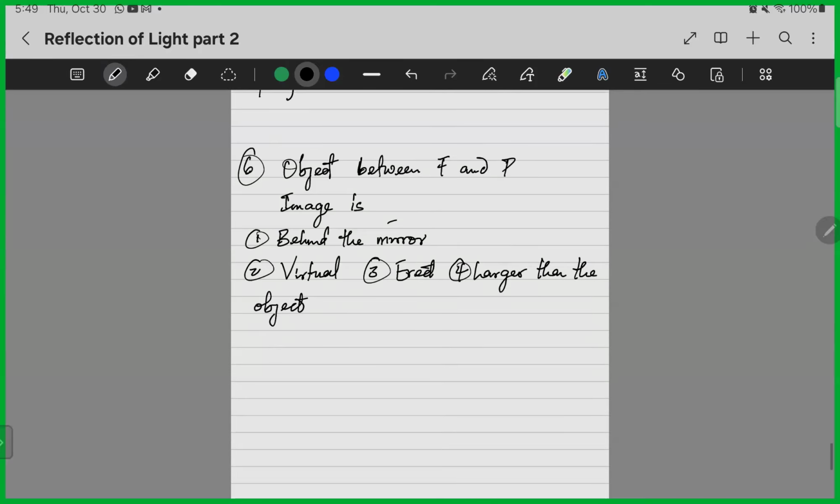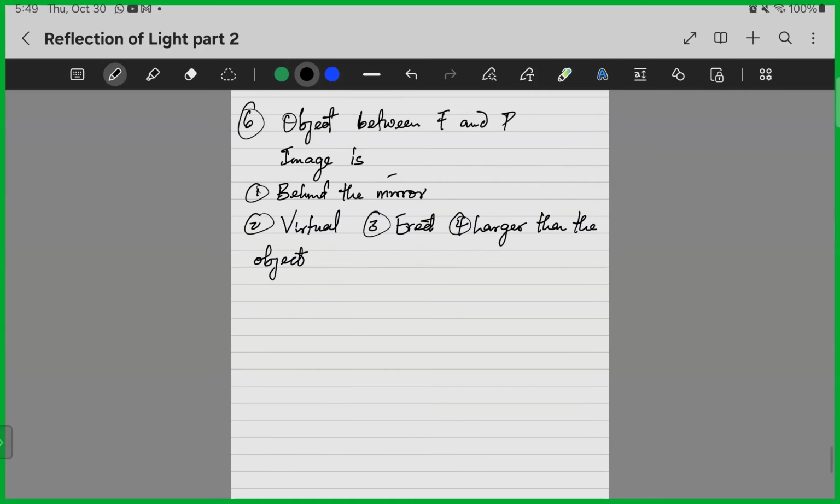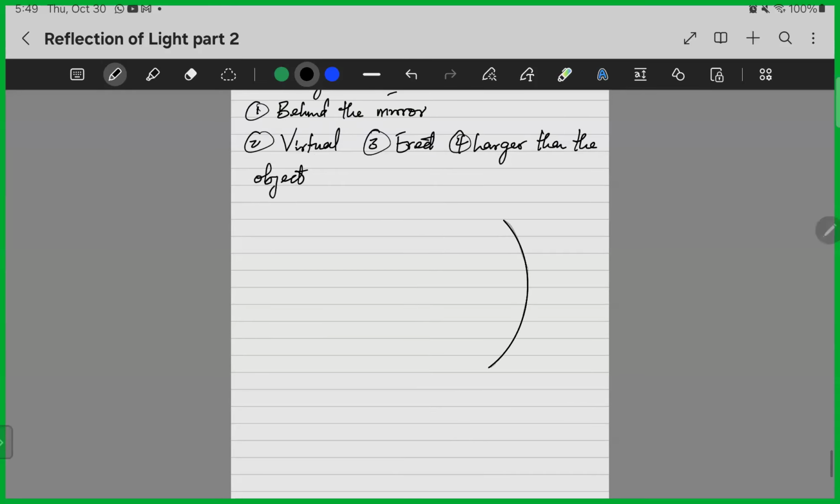We have our regular stuff of a mirror, a principal axis running through. So focus, C to F. See the idea? Now we are saying a case where the object now is between F and P. We know that this point here is P. So we are putting the object somewhere here, right?